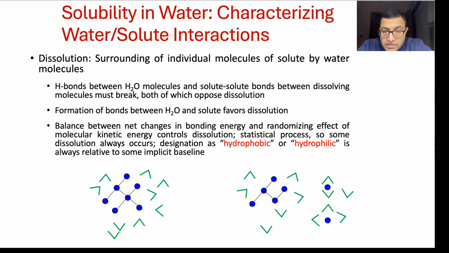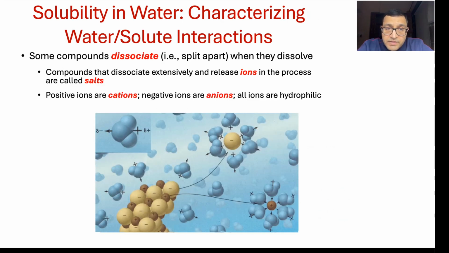Hydrophilic is water loving. It dissolves in water well. Hydrophobic is water fearing, meaning it doesn't dissolve well in water. So you can define substances as hydrophilic or hydrophobic depending on their dissolution capacity in water, or solubility.